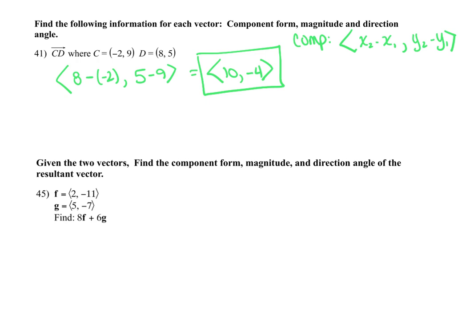From that, I'm going to use that component form to find magnitude. Magnitude is going to be the square root of that X that I ended up with of the vector and my Y that I ended up with of the vector. So I'm going to square those, add them, and take the square root.